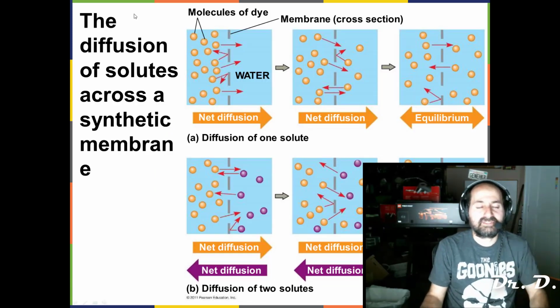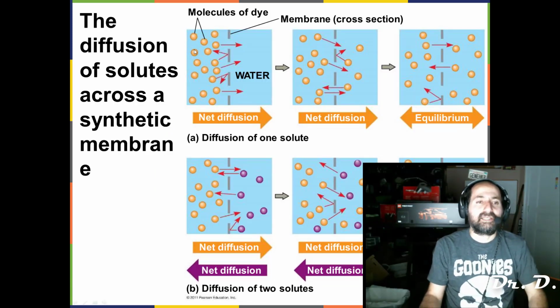Okay, so let me show you some examples of this. In this example, these molecules of dye, these orange molecules of dye, they're really high concentration on the left side of this picture, aren't they? And do you see what this dashed line represents? This dashed line represents a membrane. And do you see there are pores in the membrane, holes in the membrane for the dye to cross? The dye will cross the membrane. So basically diffusion can happen, right?